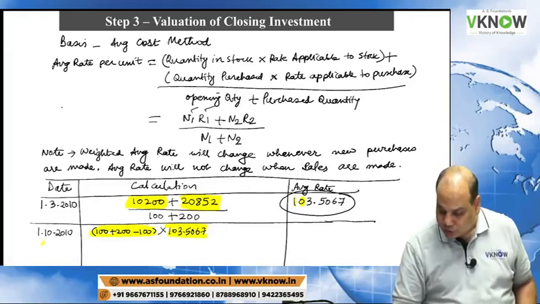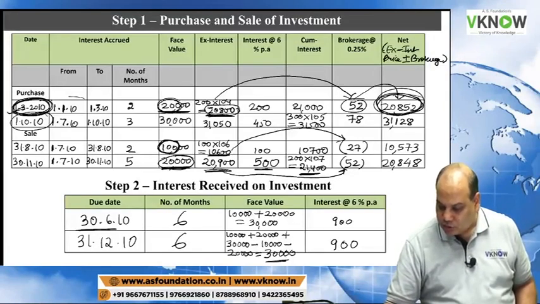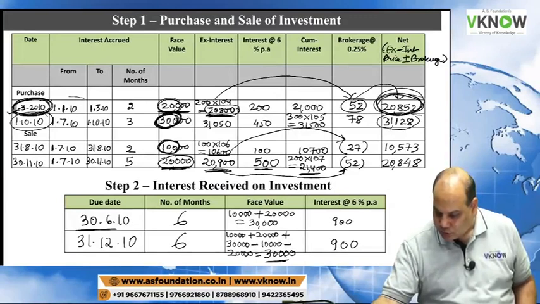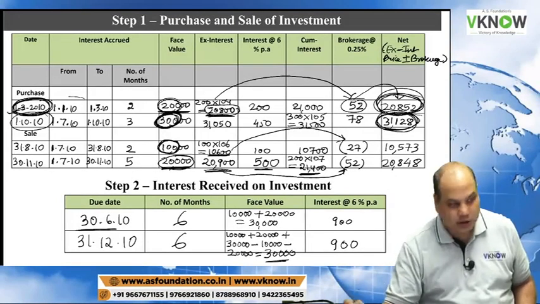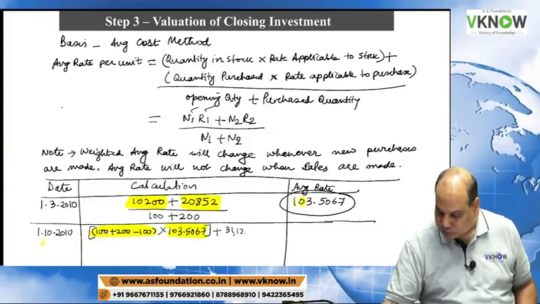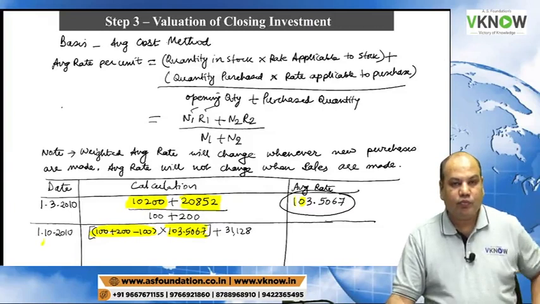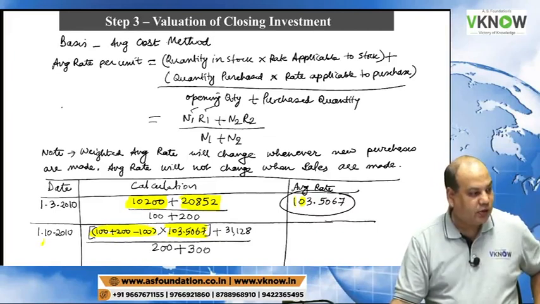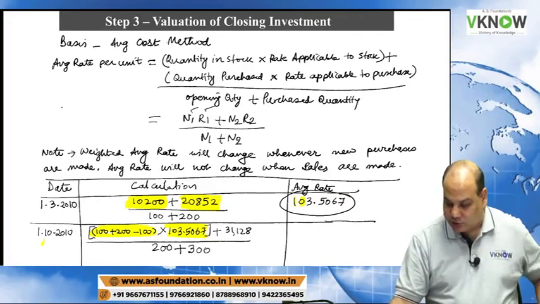You put this in one bracket, and plus you have purchased 300 quantity whose cost is 31,128, and divide by 200 quantity in hand plus 300 quantity purchased.